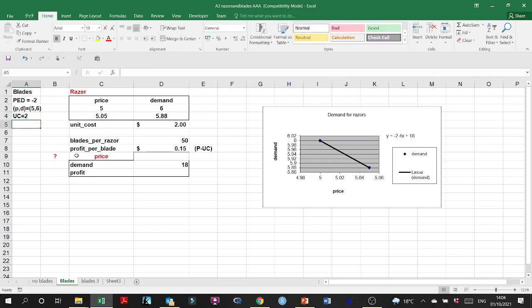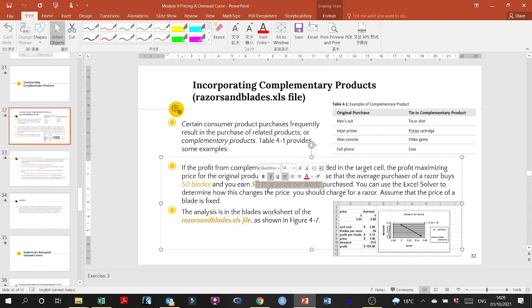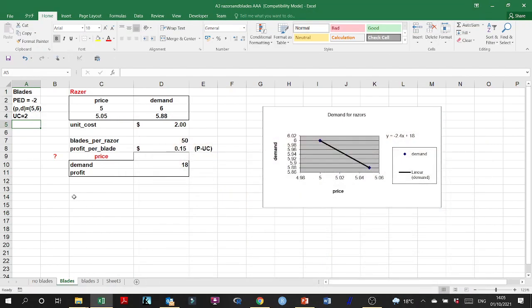And then in the slides, you have the remaining information, which is the profit per blade, mentioned to be 0.15, and the average number of blades needed for each razor is 50. So we can use 50 blades for each razor.